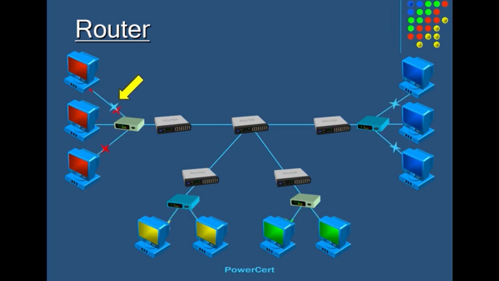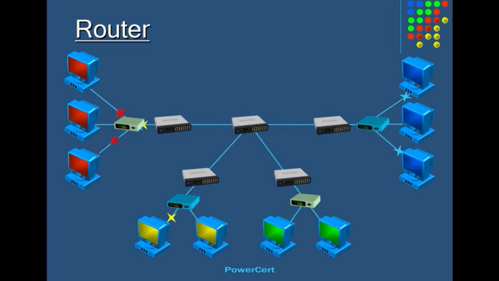So the computer sends its data and it goes to the network's router, and once the data packet reaches the router, the router will look at the IP address of the data packet and then forward the data out on the internet to the next router. Then it makes its way to the blue network router and then to the intended destination computer.